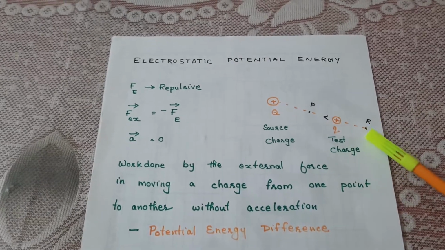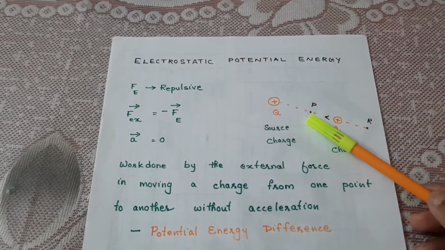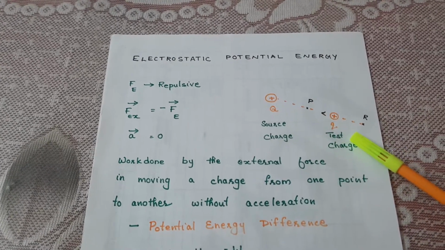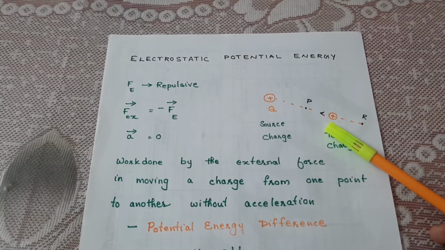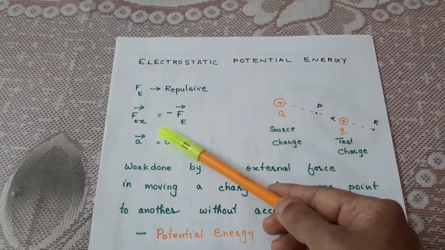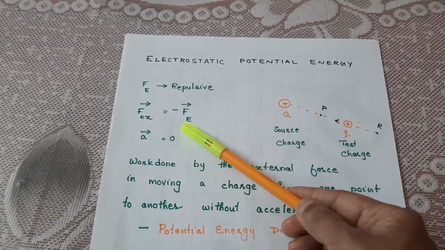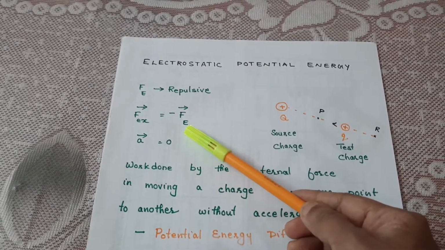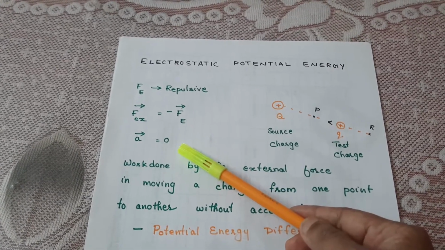So to bring the test charge from a point R to a point P, external force has to be applied against the electrostatic force. The external force is equal and opposite to the electrostatic force, so that the net force is 0 or the acceleration of the test charge is 0.